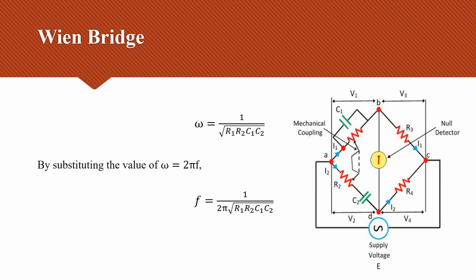So from here we get omega is equal to 1 over under root of R1 R2 C1 C2. By putting omega is equal to 2 pi f, f is equal to 1 over 2 pi under root R1 R2 C1 C2. This is if we want to measure the frequency using this Wien bridge.